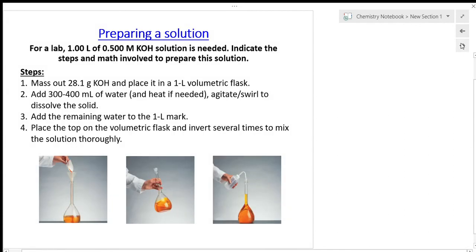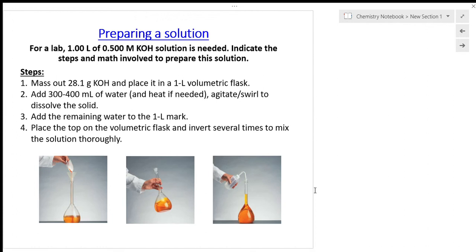The first step is to mass out 28.1 grams of potassium hydroxide on an electronic balance and place it in the 1 liter volumetric flask. Next, add about 300 to 400 milliliters of water, somewhere around this region in the lower part of the bulb, and dissolve it.